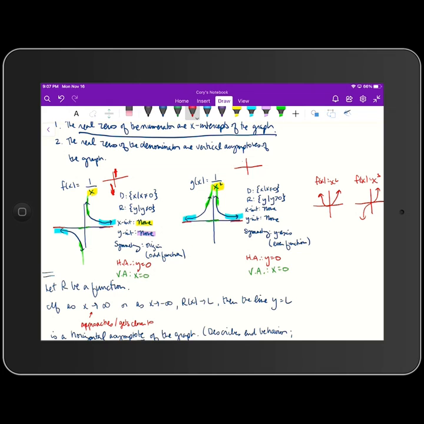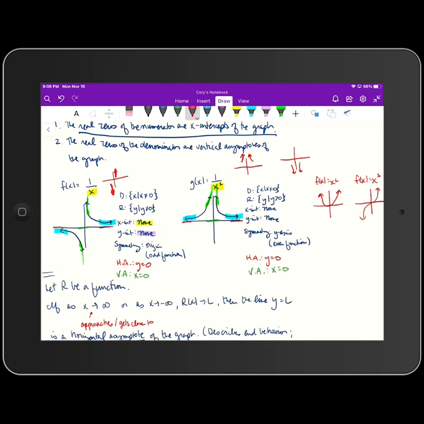For the function 1 over x squared, as we approach that vertical asymptote, both from the left and from the right, both sides are going to positive infinity. You can also, for a rational function with an even multiplicity in the denominator, have both sides going to negative infinity as you approach that vertical asymptote as well. So we'll talk later on about how we can determine that.